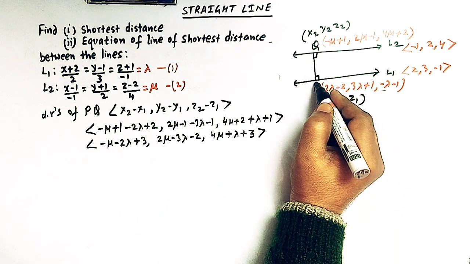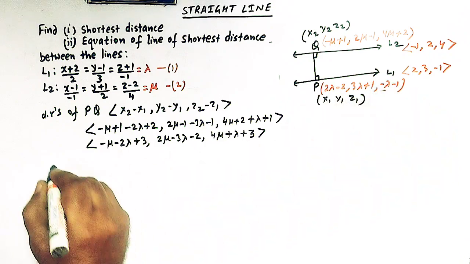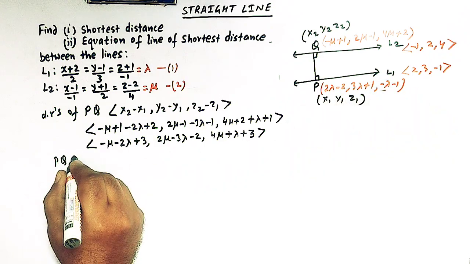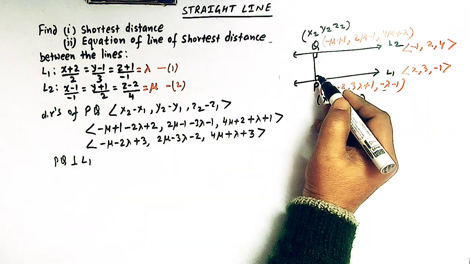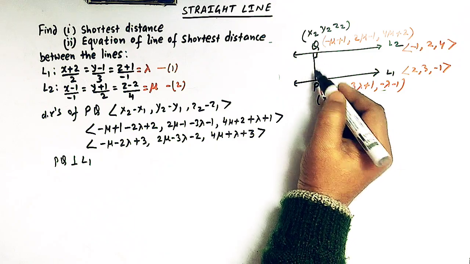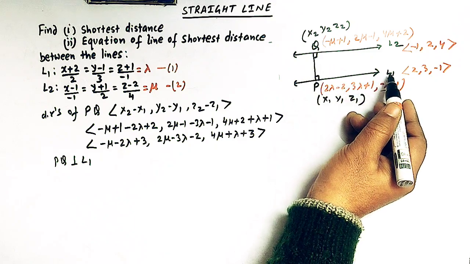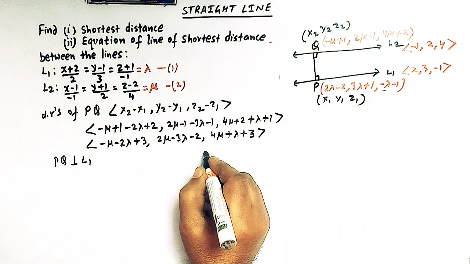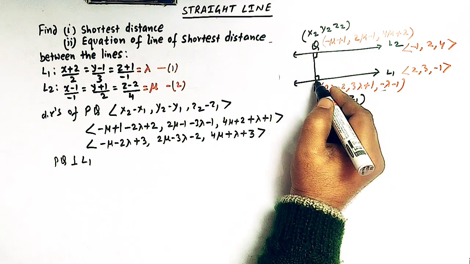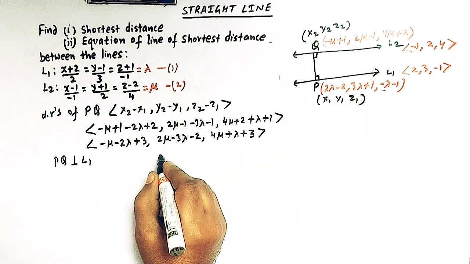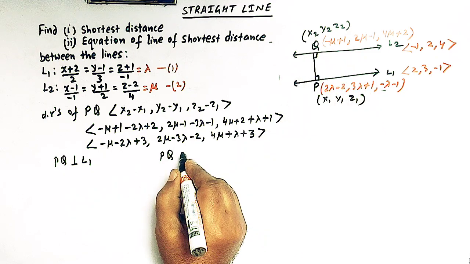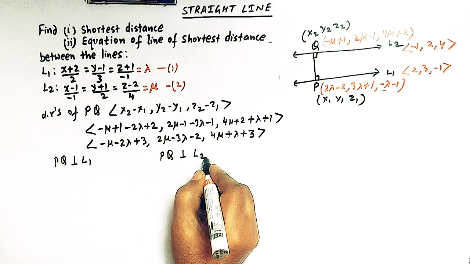Now let us apply the concept of two perpendicular vectors, right? See here, PQ is perpendicular to L1. So this shortest distance PQ is perpendicular to the line L1, and similarly PQ is perpendicular to L2.